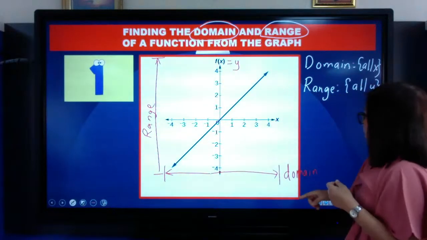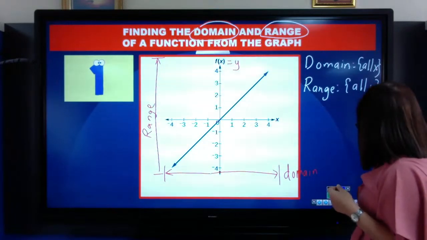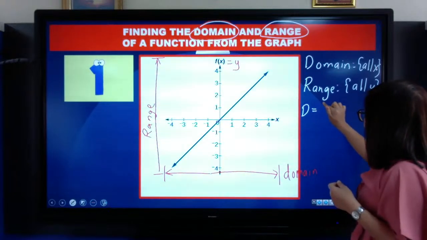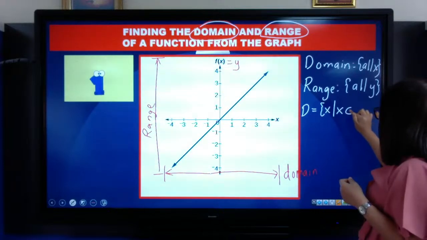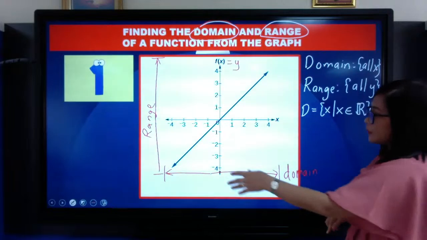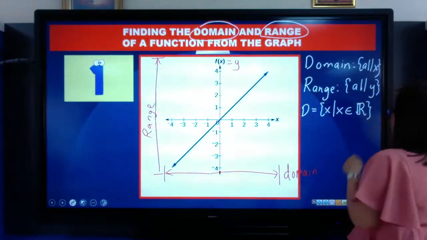So what is now the domain in this case? The domain is the set of all x such that x belongs to the set of real numbers. All real numbers, left to right. Possible values of x, all real numbers.